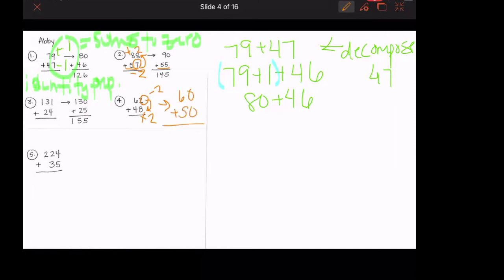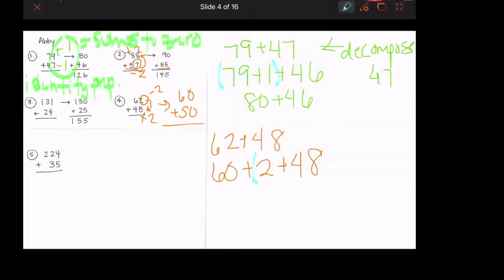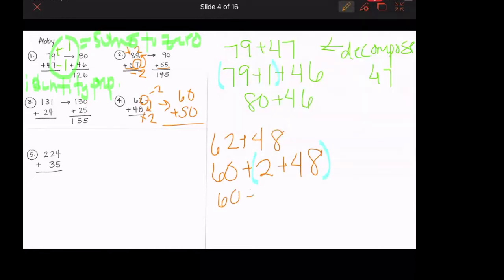And so the stacked version doesn't make as much sense to me as this horizontal method, because now I can decompose 62 as 60 plus 2 plus 48. And now again, we can see the associative property right here. We can associate those numbers together and get 60 plus 50.